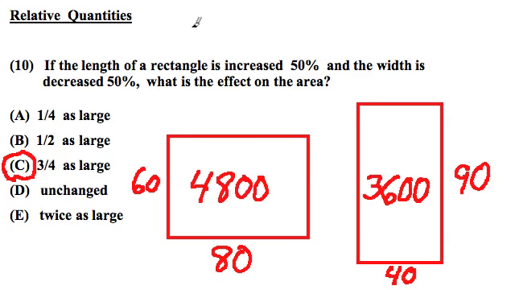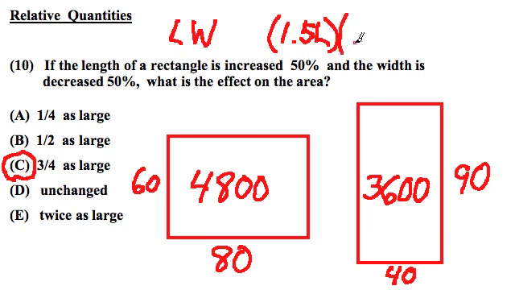So the reason you can work with specific numbers: the area of a rectangle is length times width. So whatever the length and width were, that would be the area of the original. And as they change, if the length is 50% more, that's 1.5 times its original length, and the width is 1/2 of the original width.